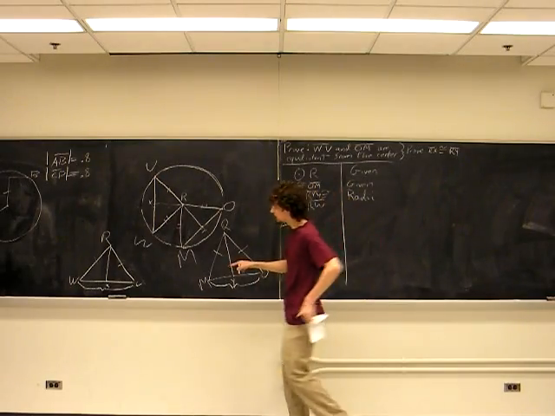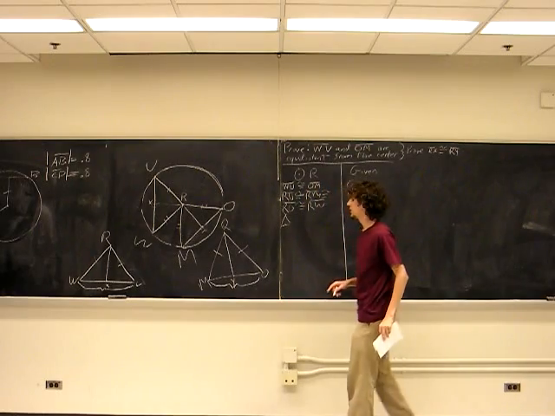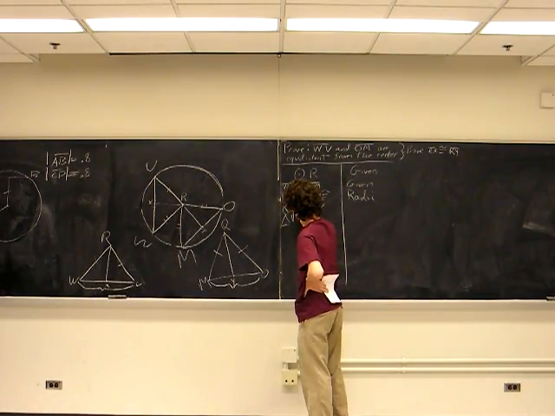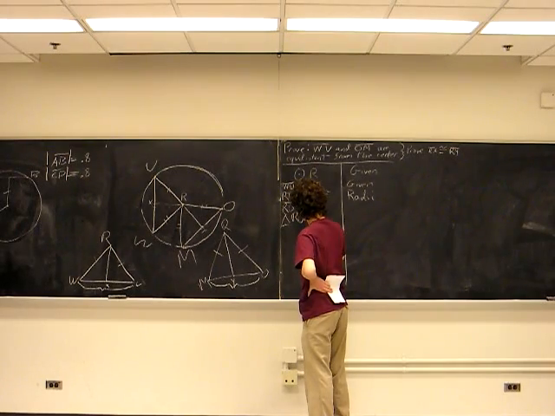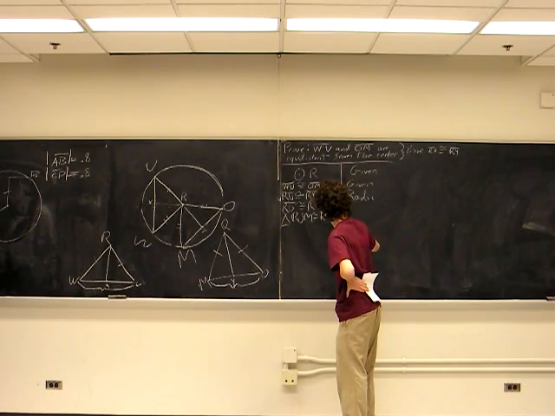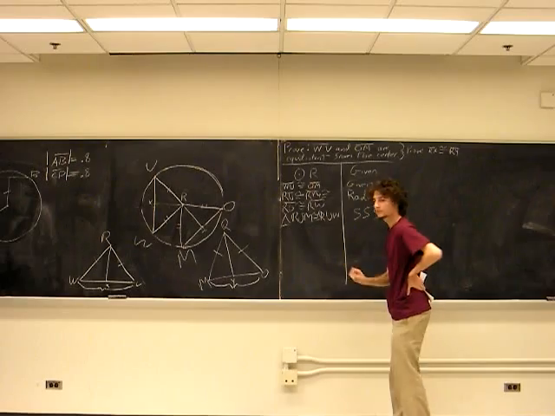Because of side, side, side, those two triangles are the same. So we have triangle ROM congruent to triangle RUW by side, side, side.